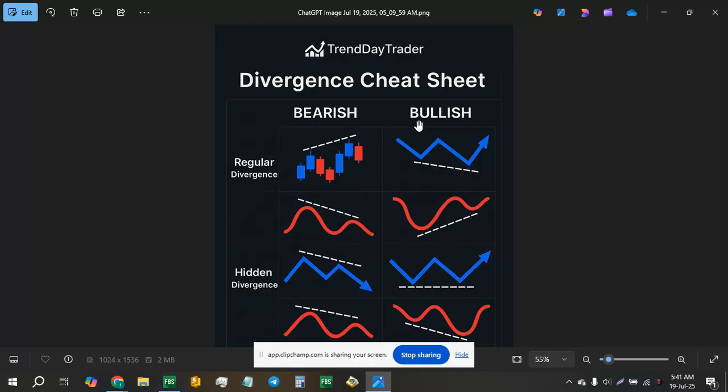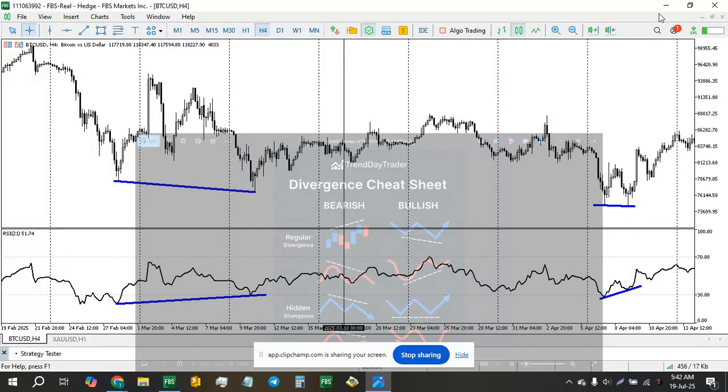And in the case of the bullish, the price is making a lower low while the oscillator is making a higher low. However, for the hidden divergences, the price makes a lower high while the oscillator moves differently.